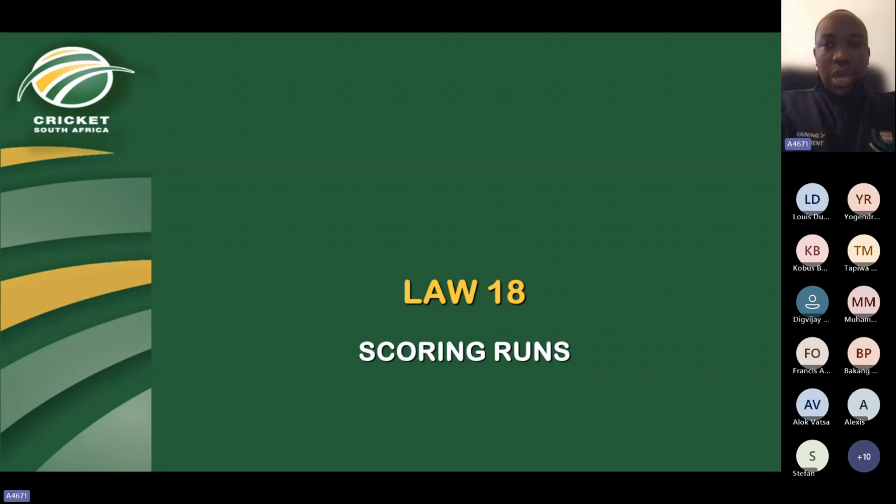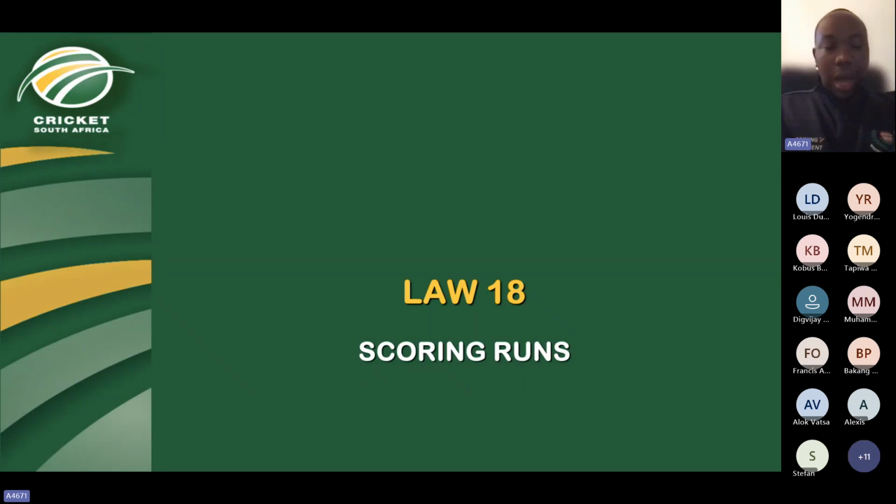Jumping into today's laws, Law 18 is all about the crux of cricket, scoring runs. We learned yesterday that to win a match, a team needs to score more runs than the runs that their opposition scores in a completed innings.